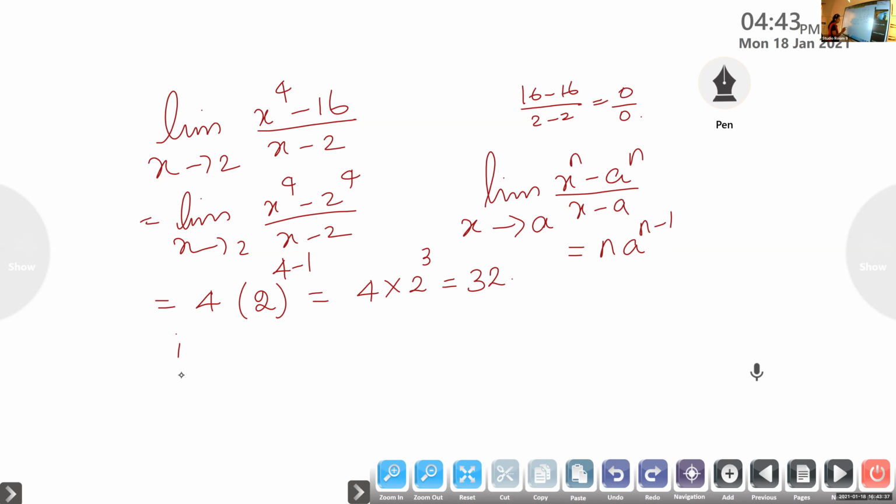Okay, now I'll give another question. Write this one. Evaluate limit x tends to 4, x raised to 3 by 2 minus 8 by x minus 4. Limit x tends to 4, x raised to 3 by 2 minus 4 by x minus 4. So this is x, children.